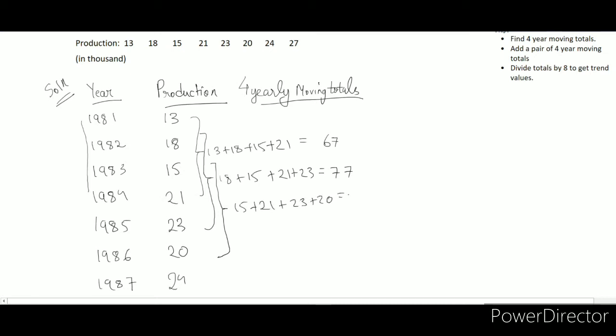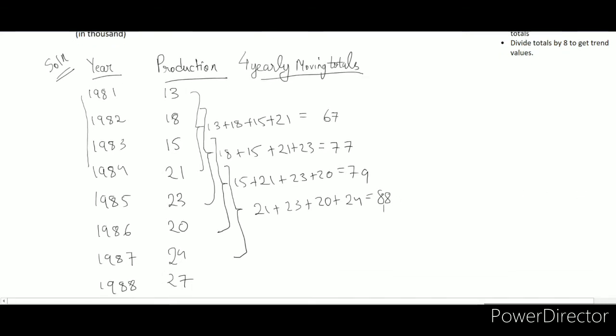The next group 1984, 85, 86, 87, 85 and 86 are the middle years, so the total will lie in between these years. 20 plus 24, you get 88.